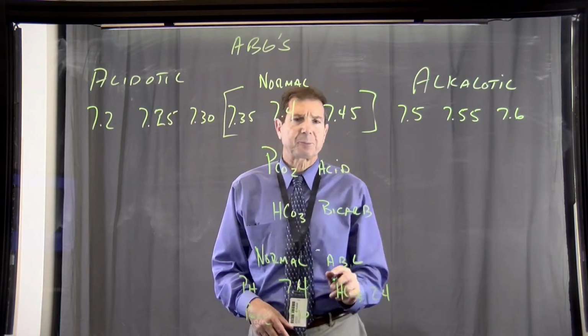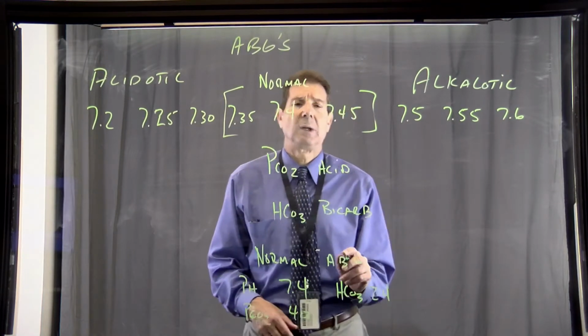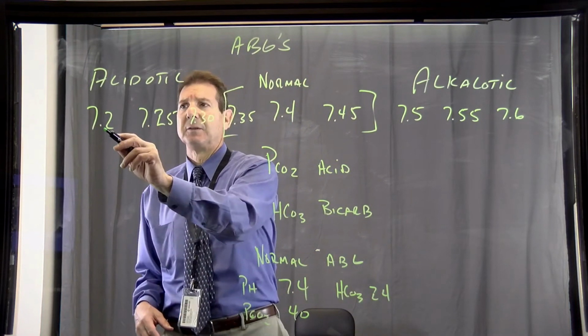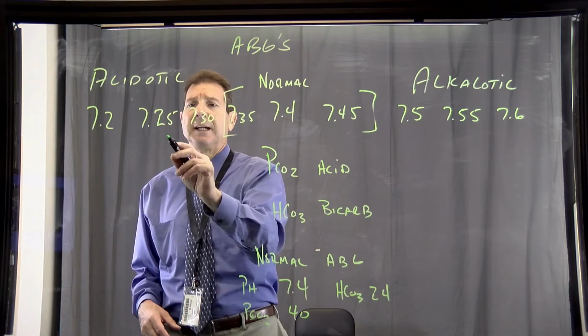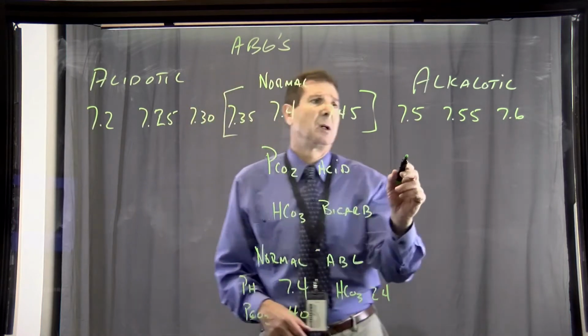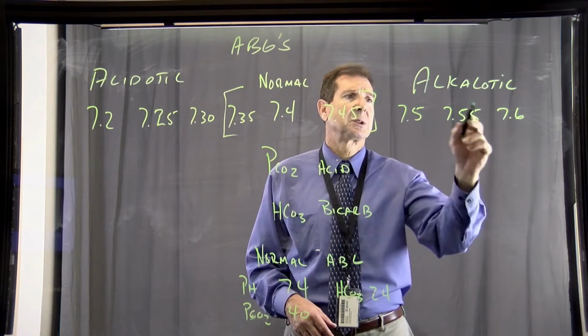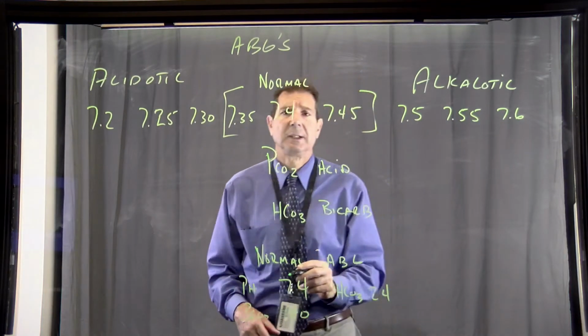Okay, so if we're out of range low, 7.3, 7.25, 7.2, all that's on the acidotic side. If we're on the high side, 7.5, 7.55, 7.6, now we're on the alkalotic side.